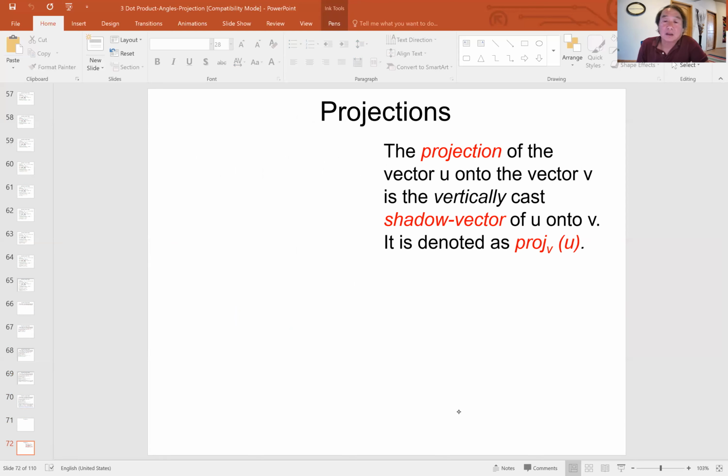The other very important thing we need to calculate is the shadow of one vector cast onto another vector.